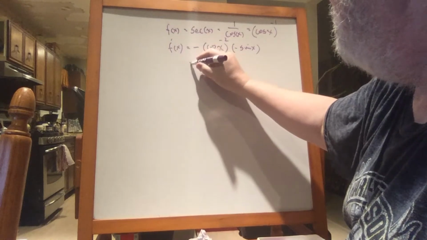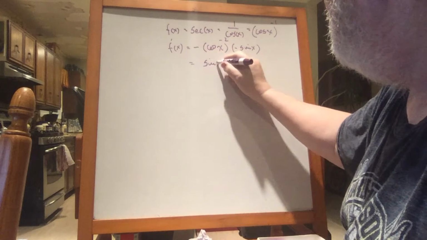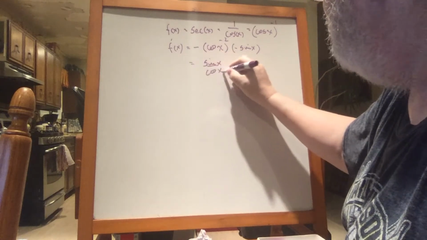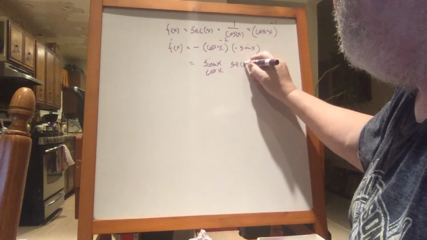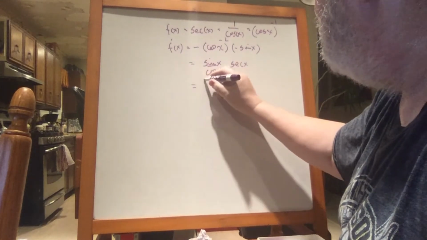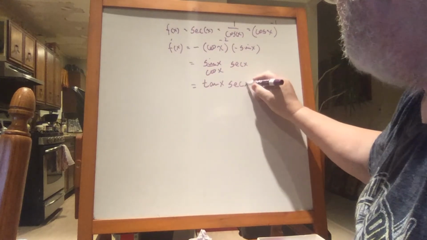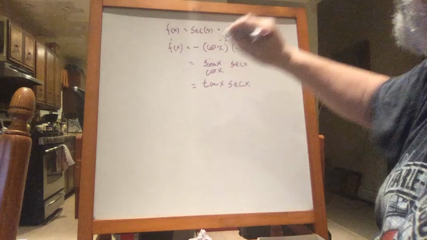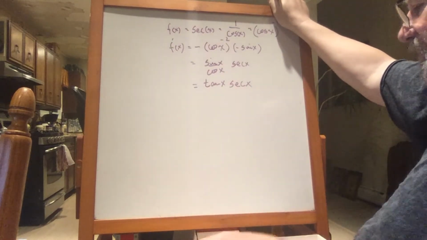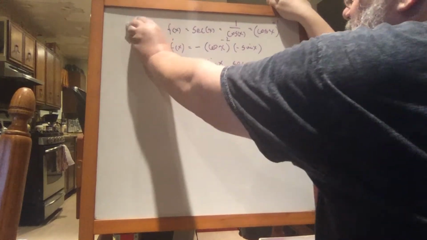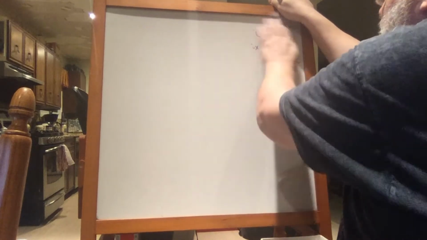So that's equal to sine of x over cosine of x times the secant of x, and that's equal to tangent x secant x. So the derivative of the secant of x is the tangent x times the secant of x. Now, we're going to look at the cosecant.